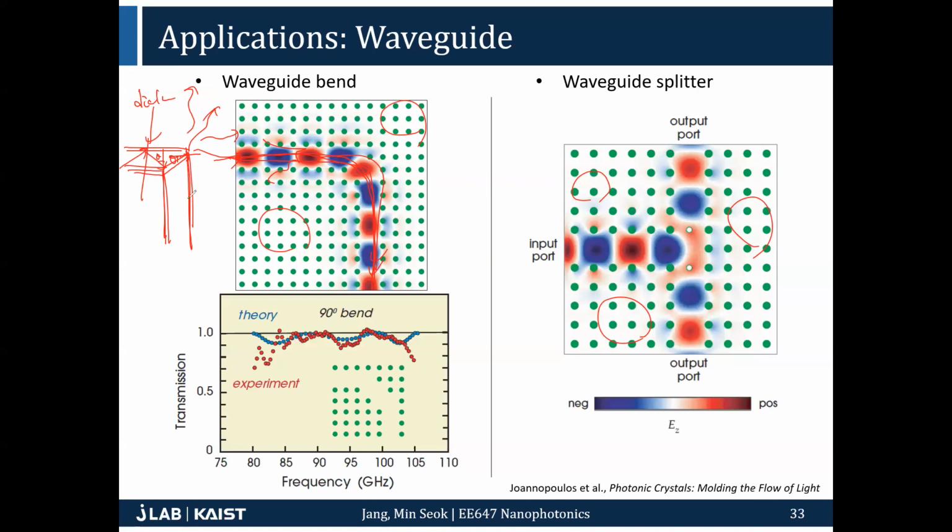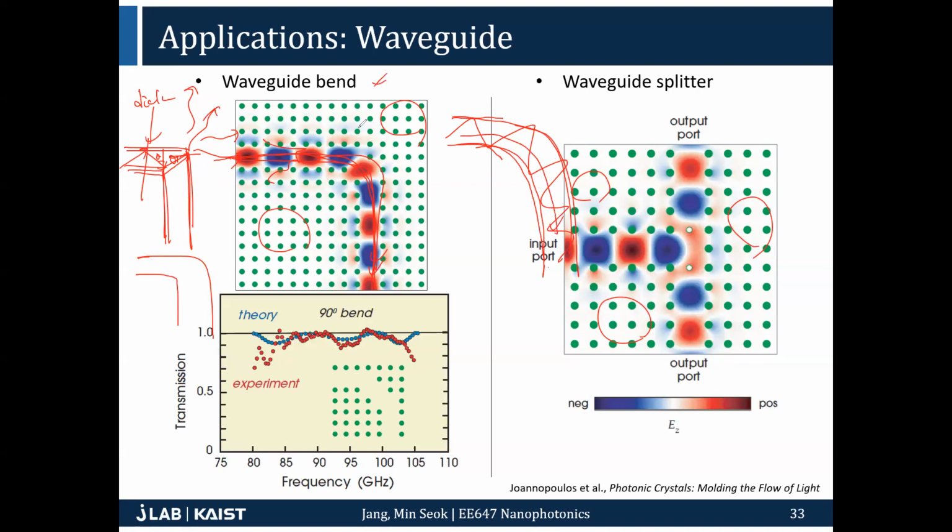So in order to create lossless wave routing, you always need to have a certain curvature so that this guiding mechanism is not too much disturbed, right? So that's necessary to have a low loss waveguide bending.